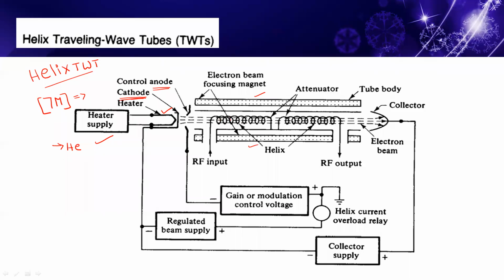In between we have the slow wave structure. Outside of this slow wave structure, the electron beam is generated here. All electrons are collected at the collector terminal.